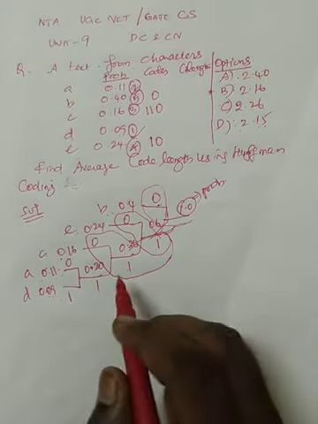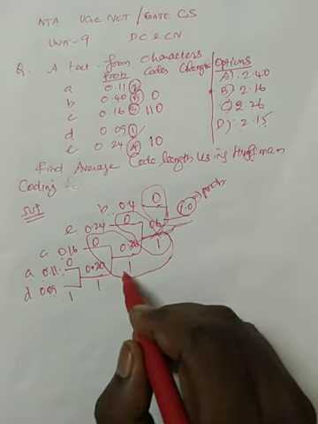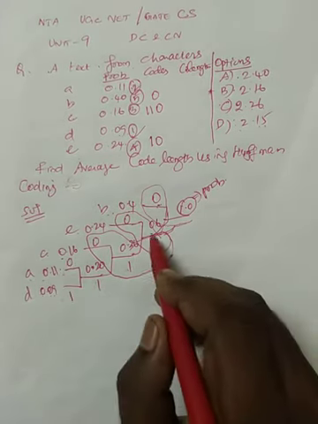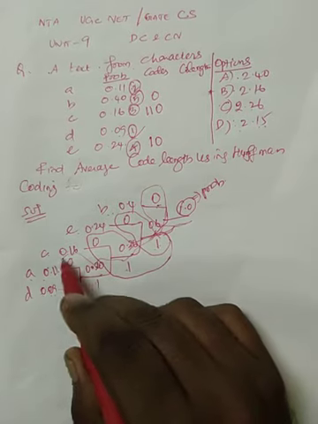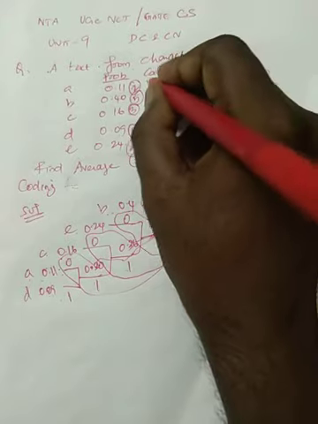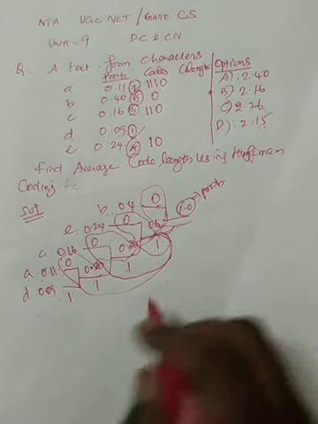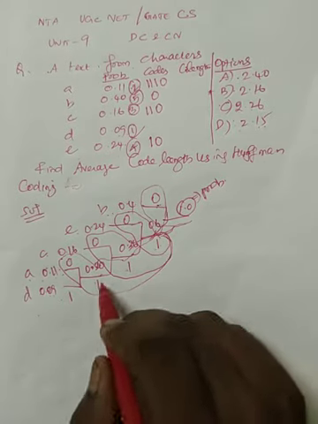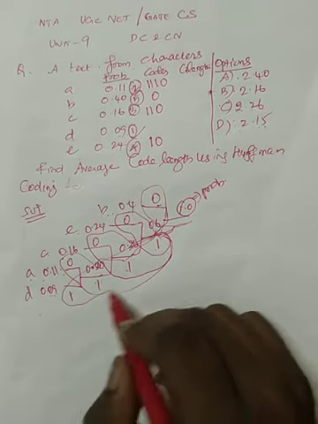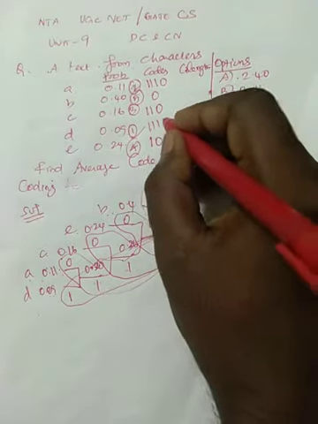Next, to send A, I send 1 1 1 0. For D, I send 1 1 1 1, so D is four ones.